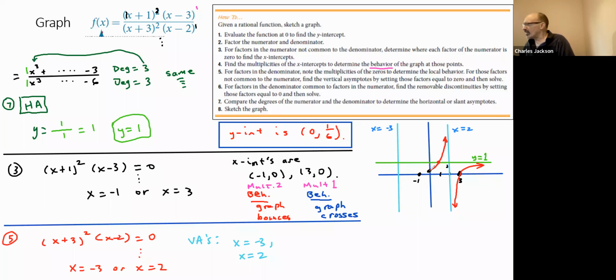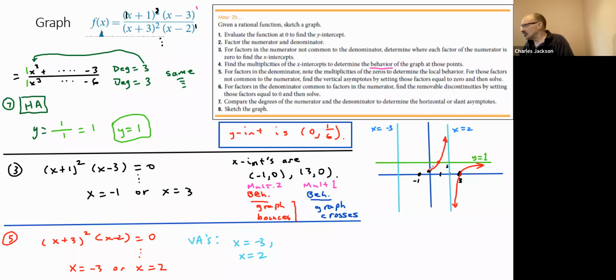Obviously, the graph is going to come down in some way or other and hit -1. Now, -1 is a 0 of multiplicity 2. We learned that the graph is going to bounce there.